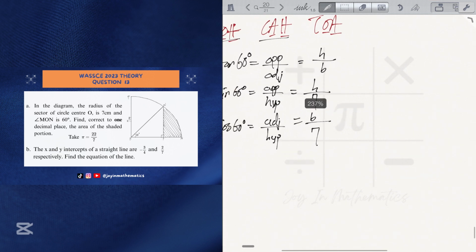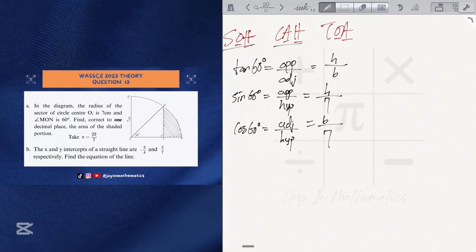With these three, obviously we cannot evaluate h and b from the first, but we can evaluate h and we can evaluate b from the others. If we cross multiply, we will have h is equal to 7 sine 60 degrees. That's the height. And if we cross multiply here, we'll have that our base is equal to 7 cos 60 degrees.